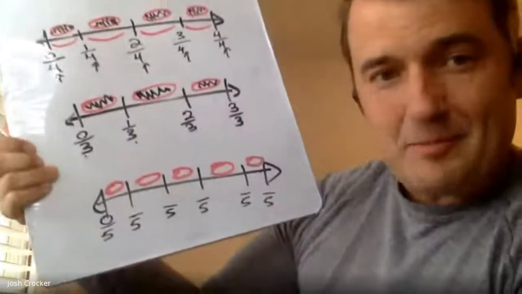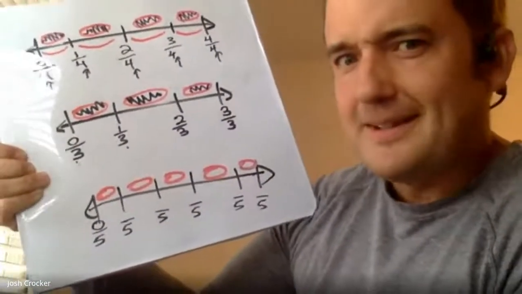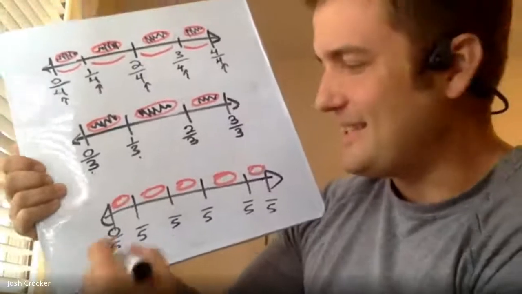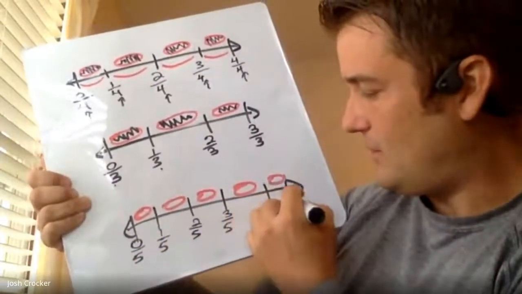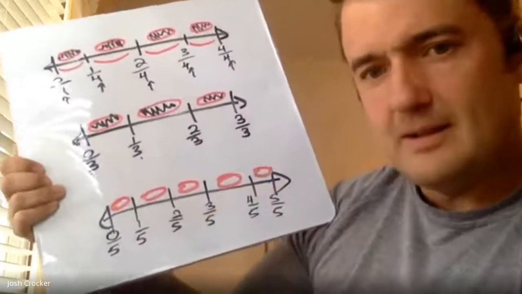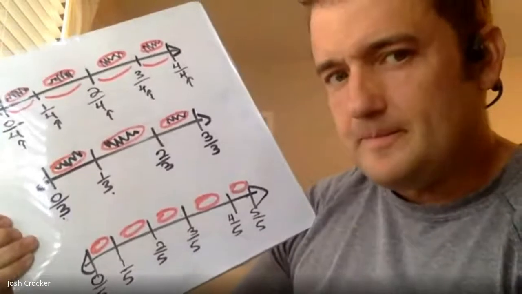I had a moment there because I realized I have 6. It's because we started at 0. Okay, 0, 1/5, 2/5, 3/5, 4/5, 5/5. And that's all you're doing. You're labeling them.